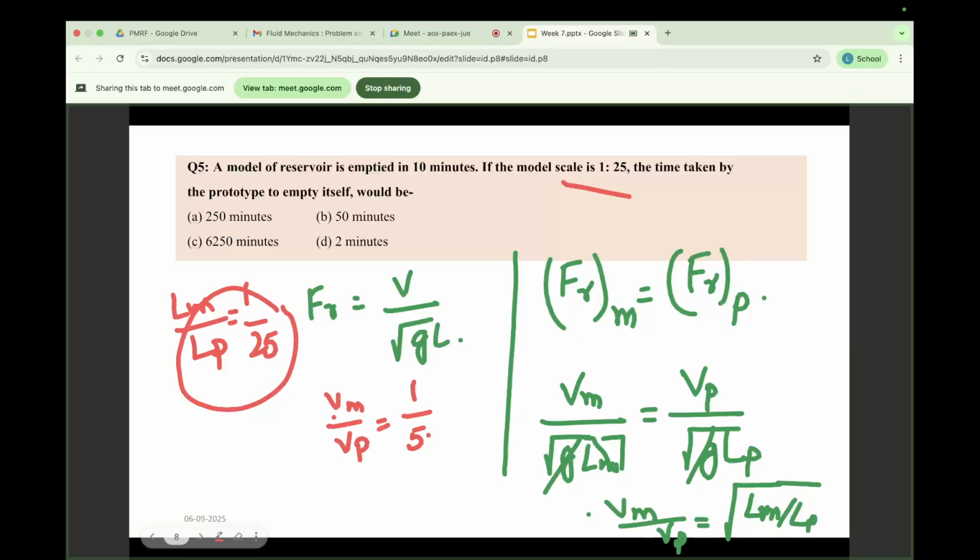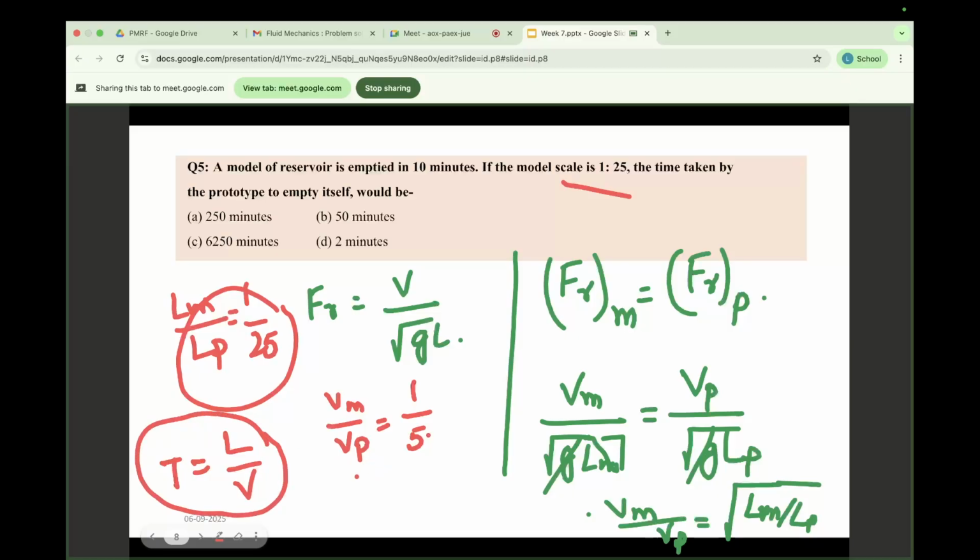Now you have to find the time. How do you know this time? Time and velocity are linked: time is equal to length or distance by velocity.